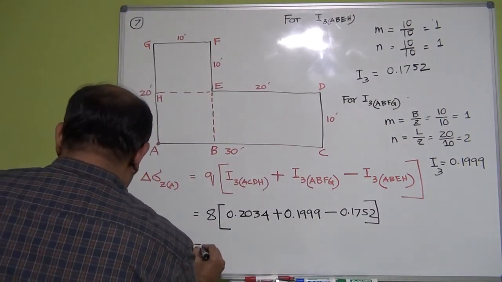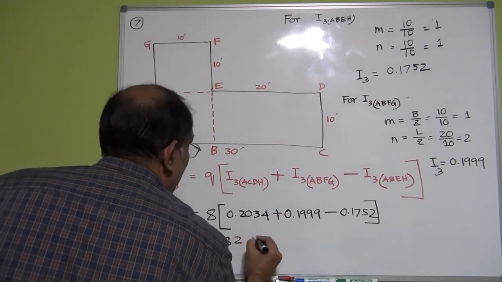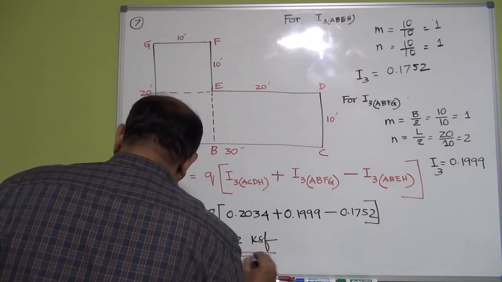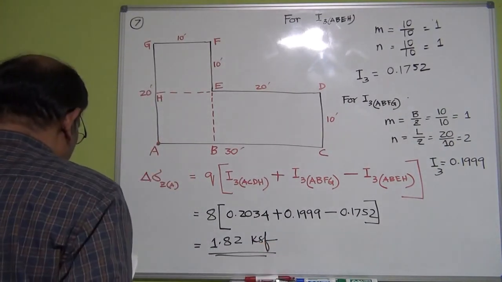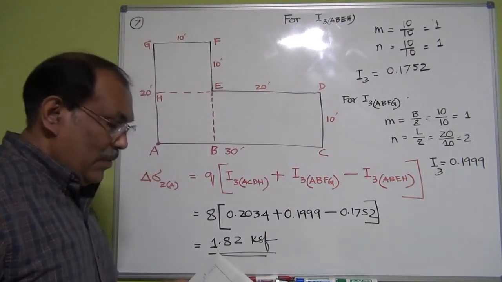So this one is basically 1.82 KSF, which is the answer, your E.